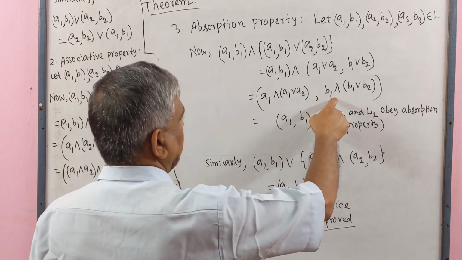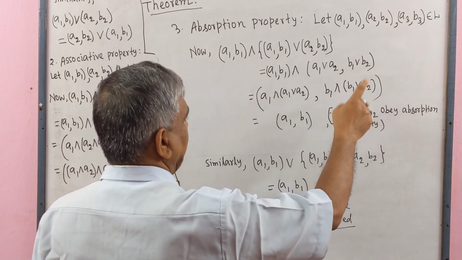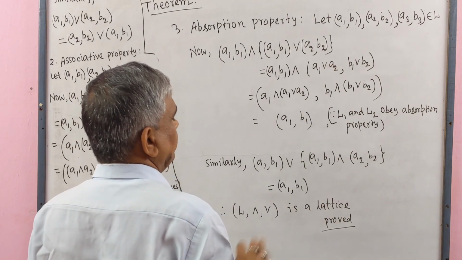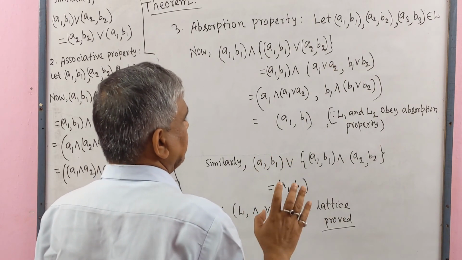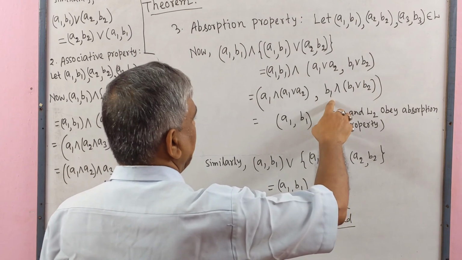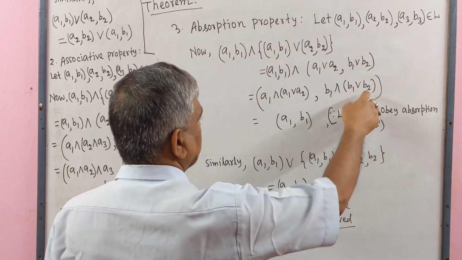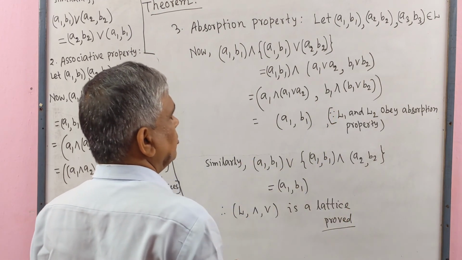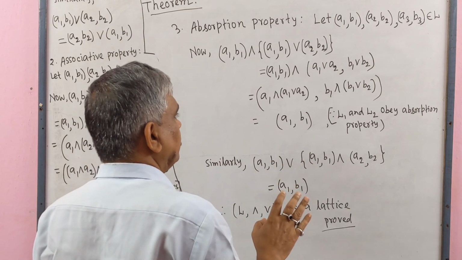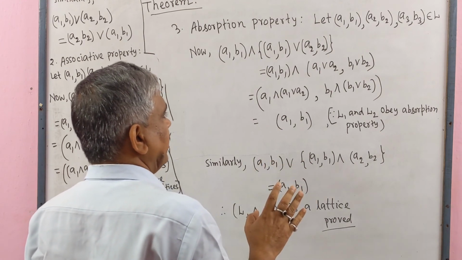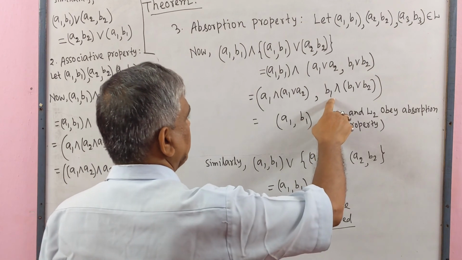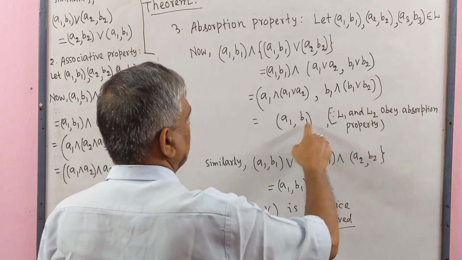Similarly, L2 is a lattice and B1, B2 belong to L2, and L2 obeys the absorption property. So this will be equal to B1.